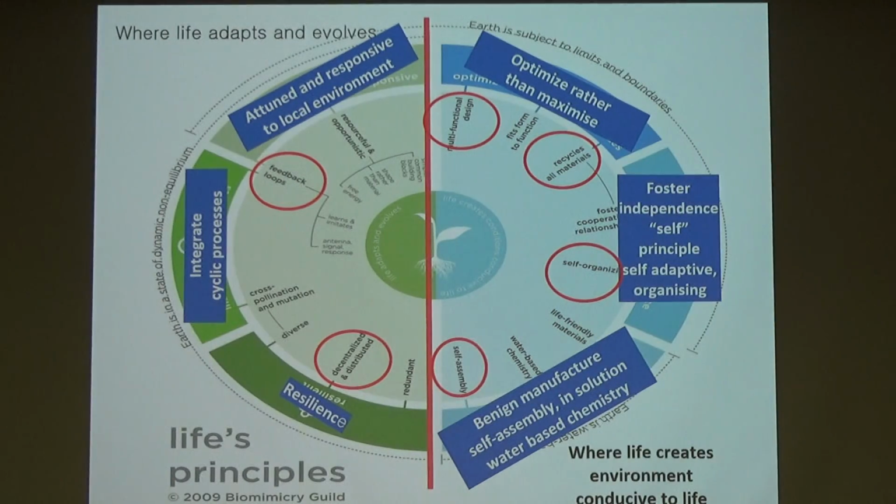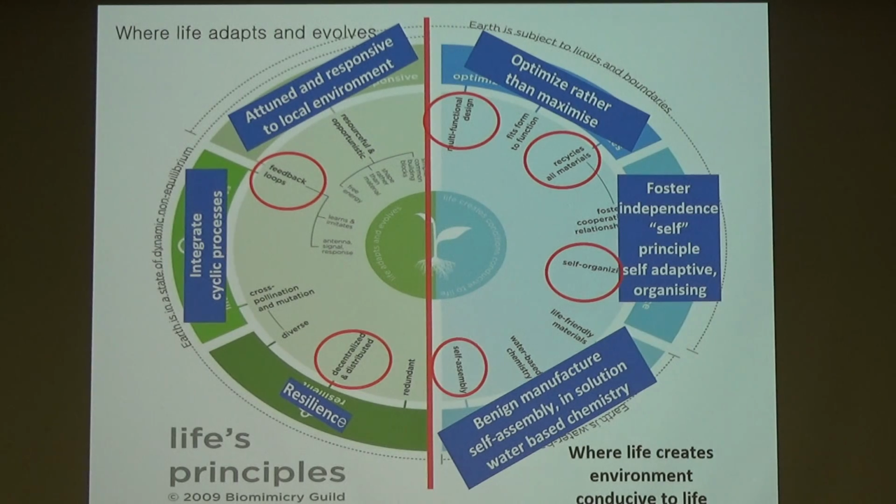So this is a table generated by a key person in biomimicry, Jane Benyus from the US, who has really pioneered biomimetics and written books and tried to explain it to not scientists but everyone, the general public, trying to develop these life's principles that we can use in any sphere of life.